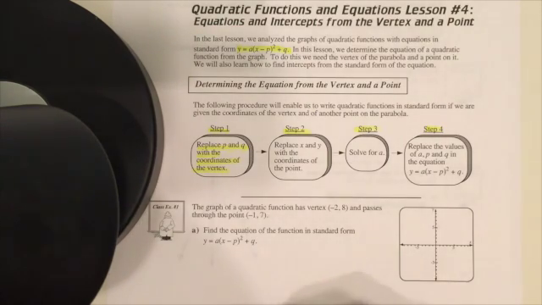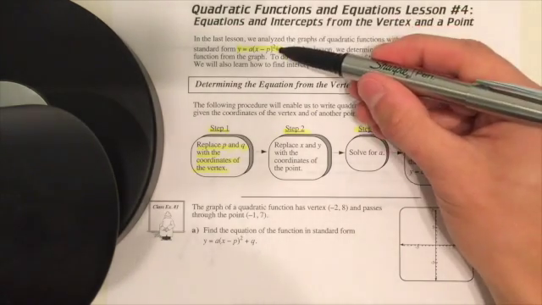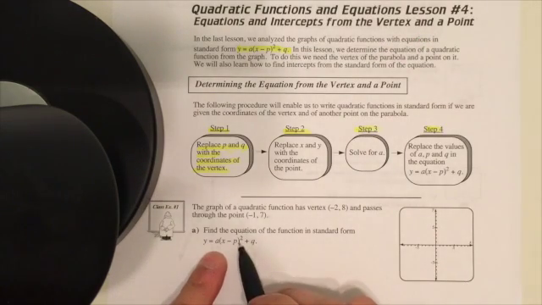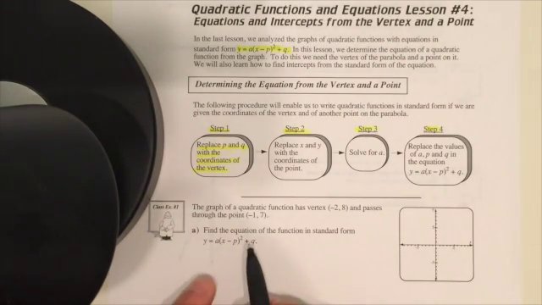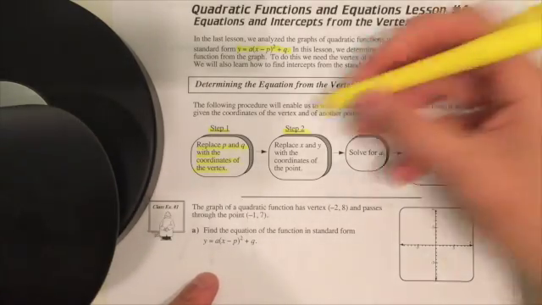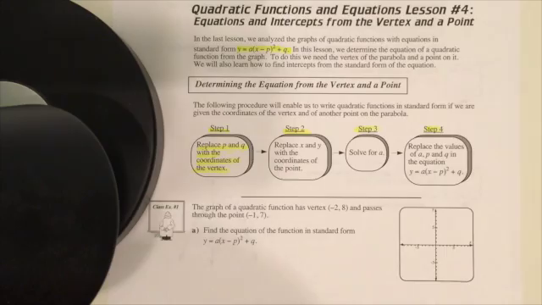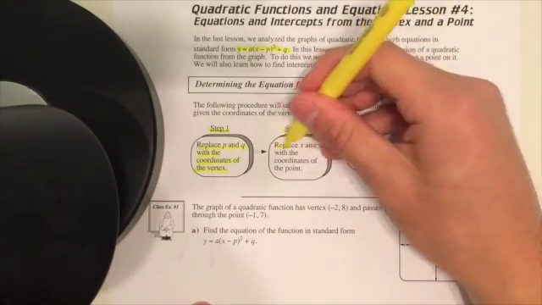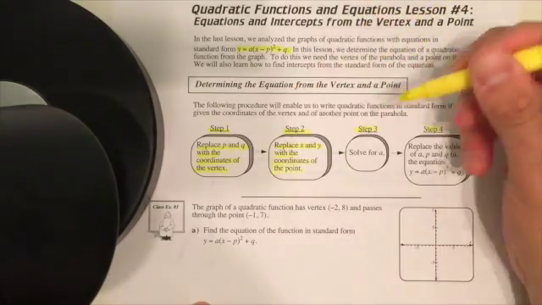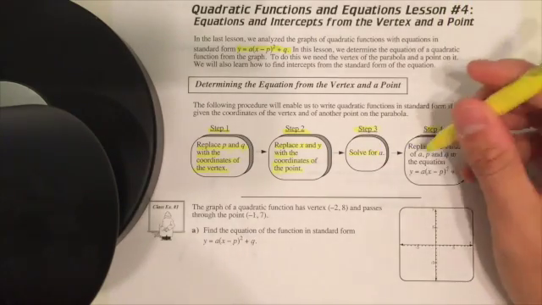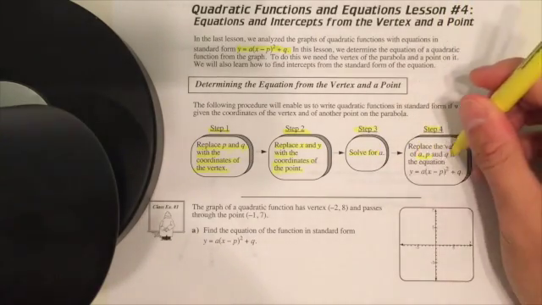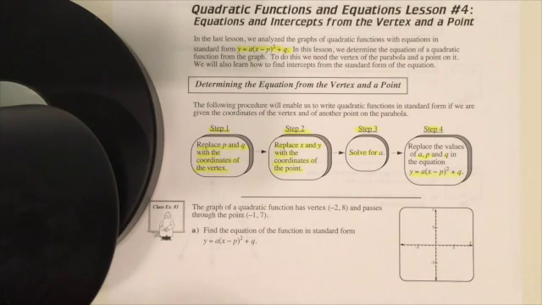Using our standard form equation, we are going to find the equation of the function. First we replace p and q with the coordinates of the vertex. Next, we replace x and y with the coordinates of the point. We solve for a, and then replace the values of a, p, and q back into our equation.